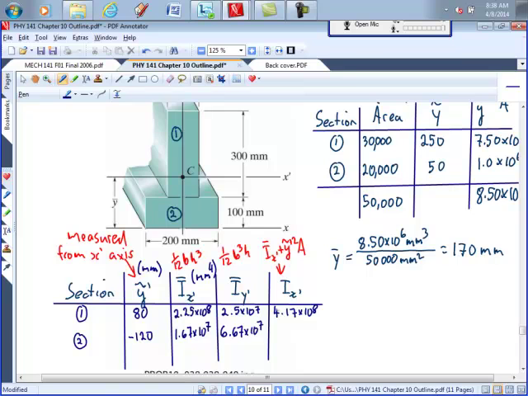Okay. And then parallel axis theorem to find the moment of inertia about the centroid of the composite. So that's going to be the 1.67 times 10 to the 7 plus 120 squared times 20,000. 3.05 times 10 to the 8.